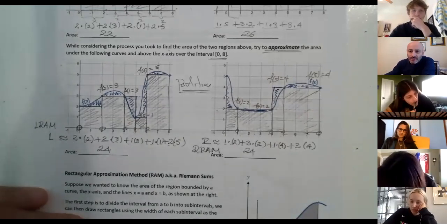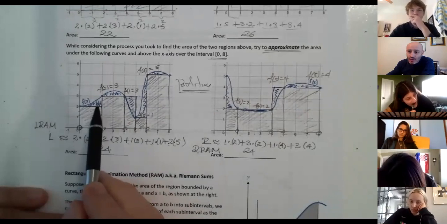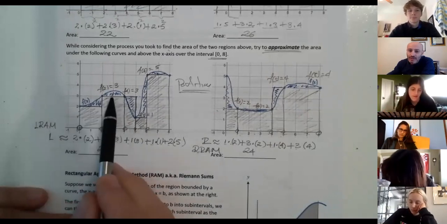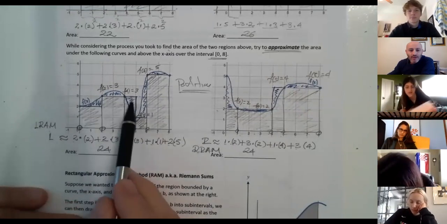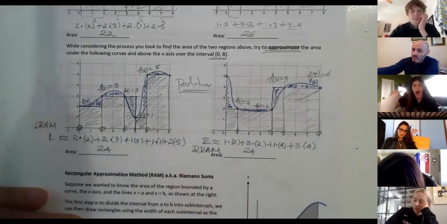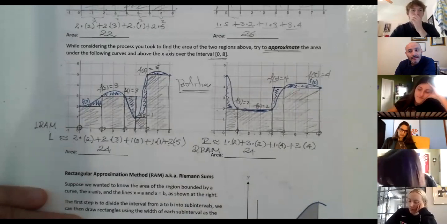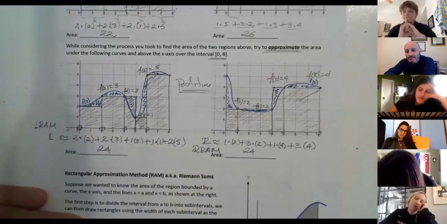How could you, for example, eliminate the fact that this piece was not included, or this piece was not included, or that we actually included something that shouldn't be there? What do you think you could try to improve this? Any idea? Negative.